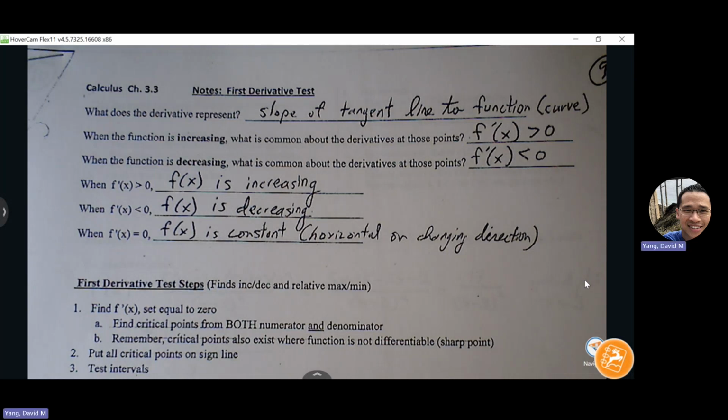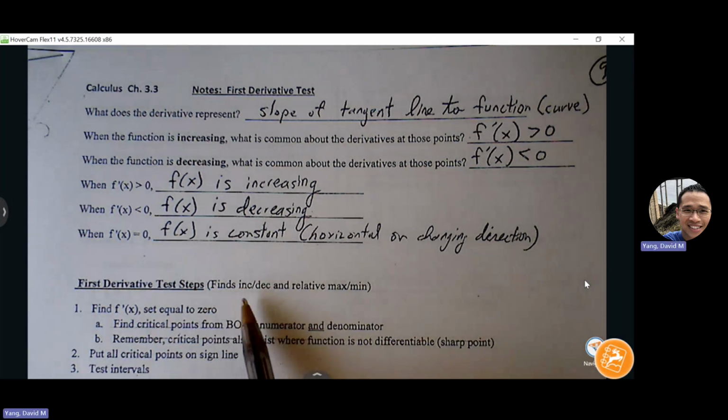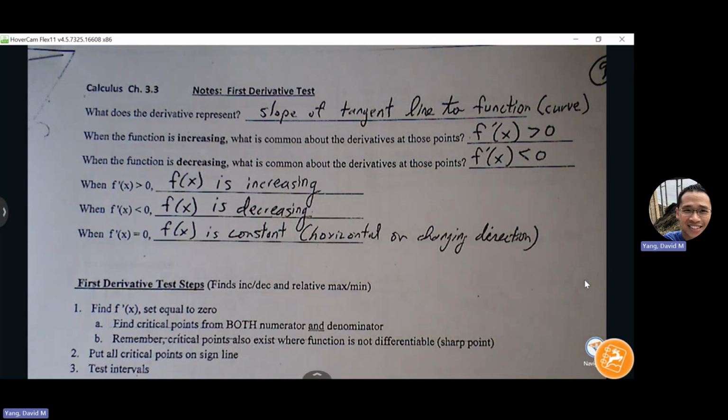So I feel like a lot of this process that we're going to take is going to feel familiar because you've already been doing it to some extent with your velocity sign line. Finding where the object is at rest, and then testing each subinterval so that you know whether your particle is moving left or right.